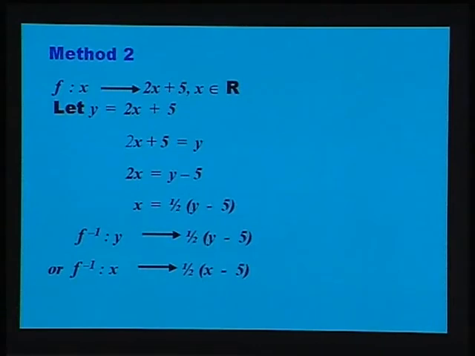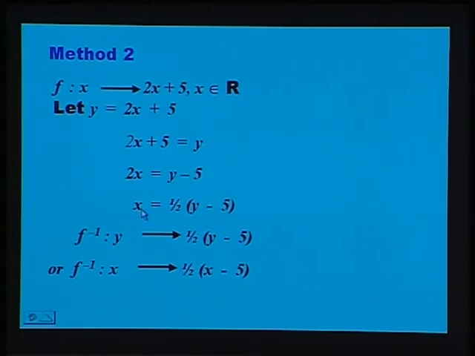We will now consider another method whereby we'll use the formula and inversion of the subject of the formula. Let's consider method 2, for the same function f(x) equal to 2x plus 5 for x real. First thing to do is to say let y equal 2x plus 5, so that we make x the subject of the formula, and x is given by half (y minus 5).